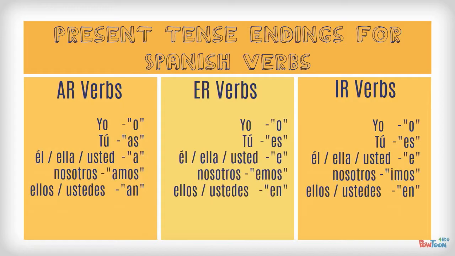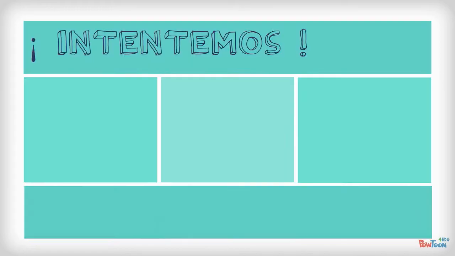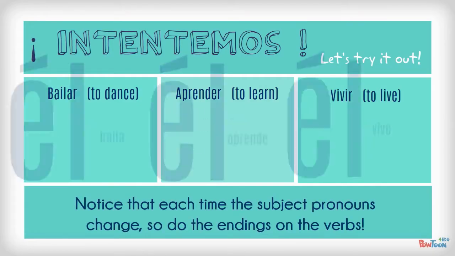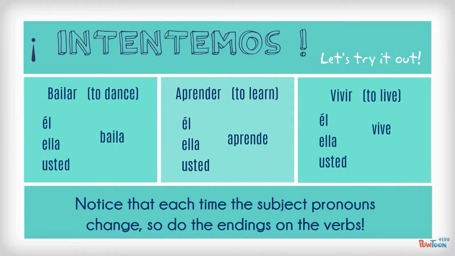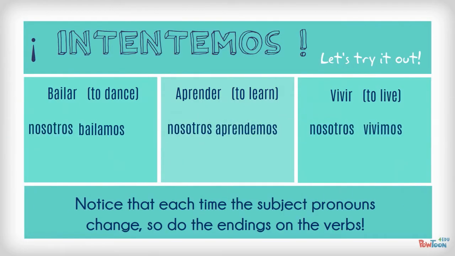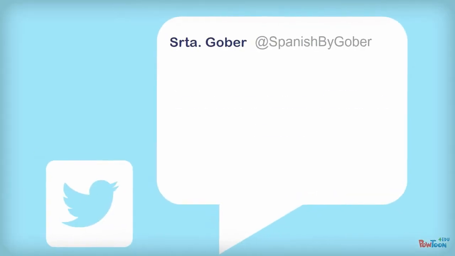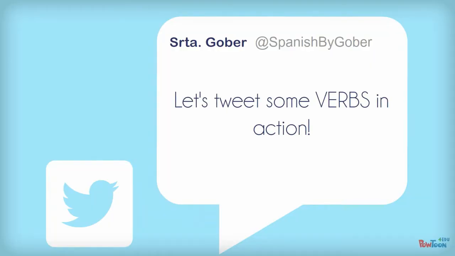The only ending that differs between the two is the nosotros ending. Intentemos, let's try it out. Notice that each time the subject pronouns change, so do the endings on the verbs. Let's see some verbs in action.